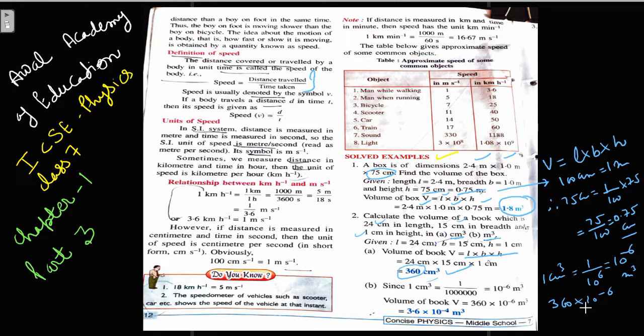If we want to take it in decimal, we reduce from this and add to the power two decimal places, 1, 2. So it will become 3.6 into 10 raised to power minus 4 meter cube. Keep this in mind while doing the conversion. So now we will move on to the next.